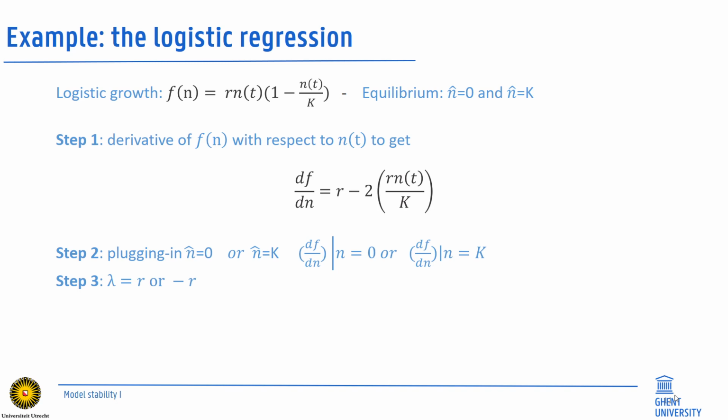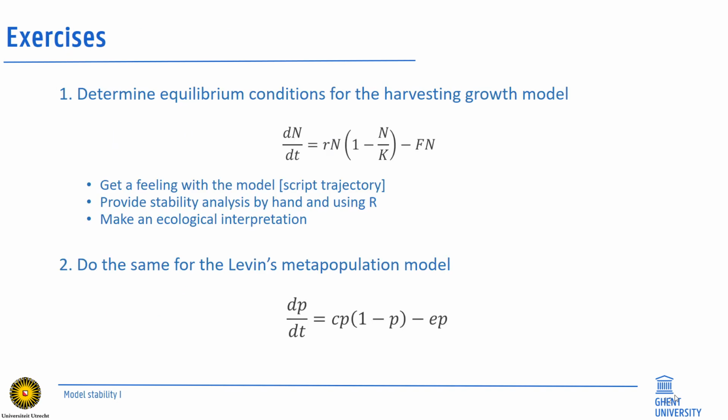Remember, r is always larger than 0. So, the equilibrium is stable for n equaling K. Now it's up to you. Practice this for the harvesting growth model and the Levins metapopulation model.